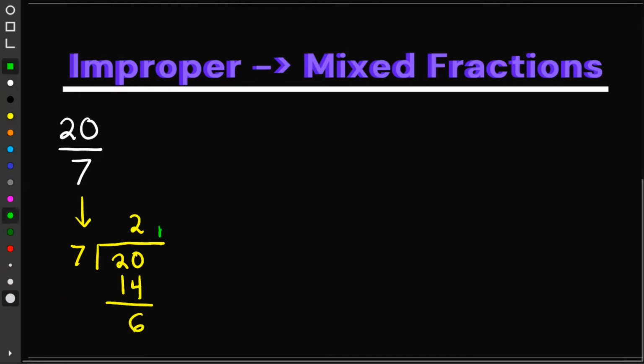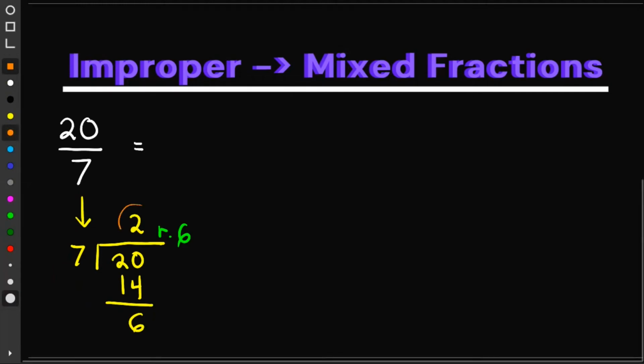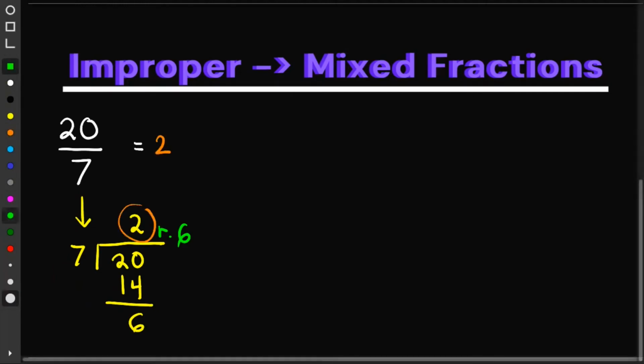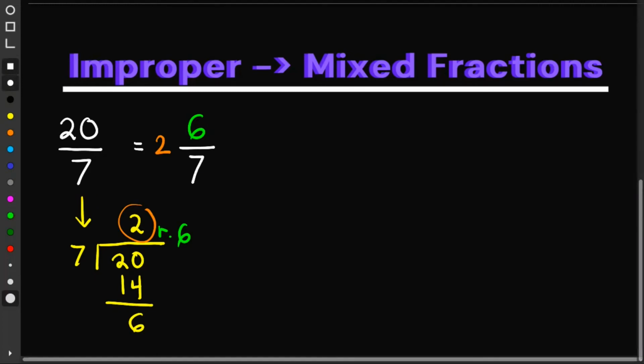So we have a remainder of 6. So if we will write this again, 2 out here goes here. The 6, the remainder, is the one left in the numerator, and the denominator remains the same. So this is its conversion into mixed fraction.